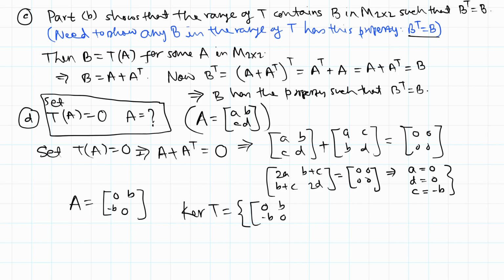Or we could have written it with C, where B equals negative C. Same thing. B is just a real number. Whenever we have a matrix like this one, it will be mapped to the 0 matrix by T. That's the kernel of T.